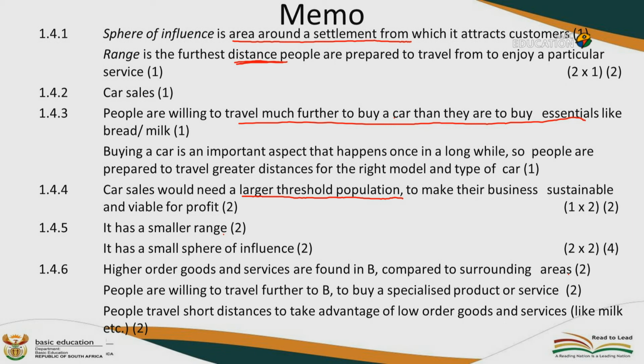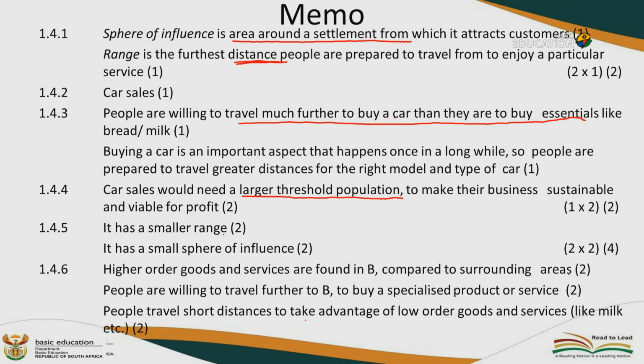So in order for you to get 4 full marks, indicate high order goods that are found in B compared to the surrounding, or people are willing to travel to buy specialized products or services. And the last one, you choose any of these 2 and it will be correct. People travel short distances to take advantage to get those low services.